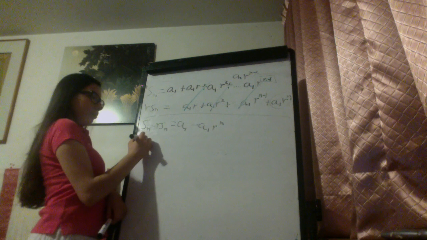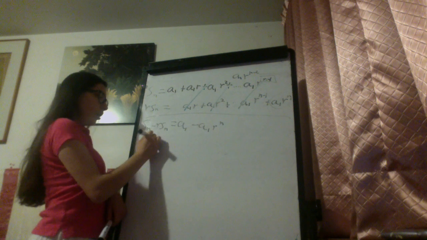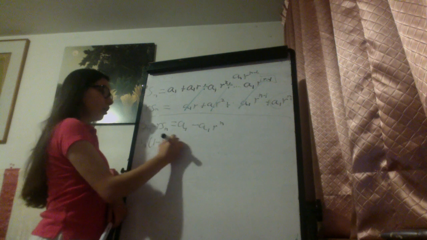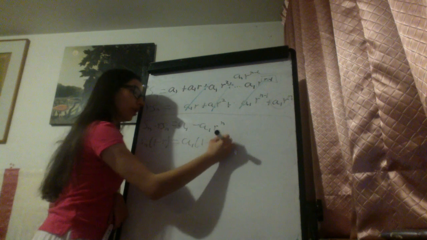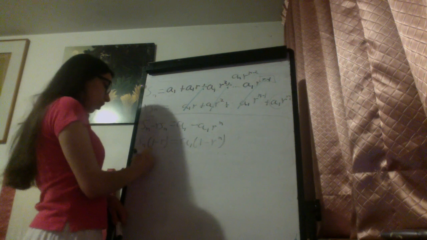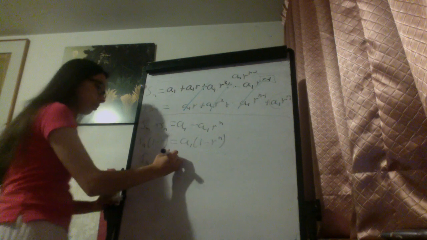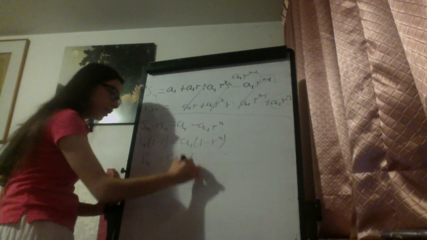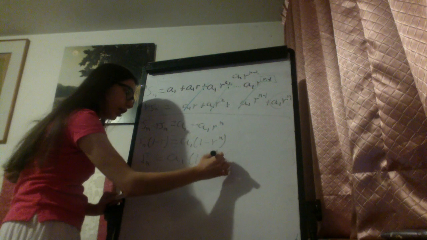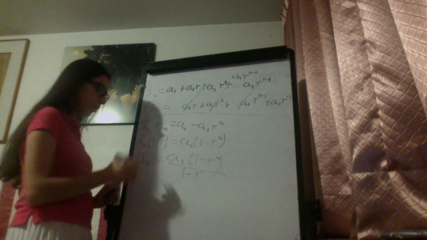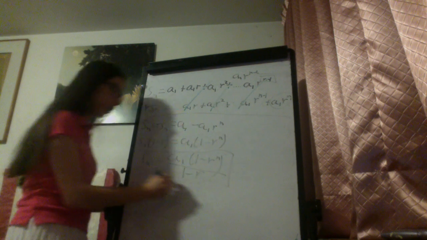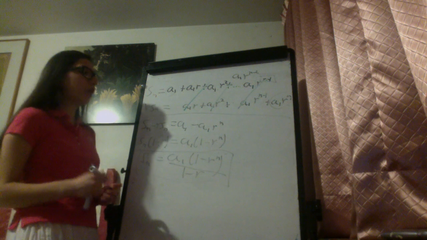So we can put this as s sub n times 1 minus r equals a sub 1 times 1 minus r to the n power. So s sub n is equal to a sub 1 times 1 minus r to the n divided by 1 minus r. This is how we calculate the summation of a geometric series.